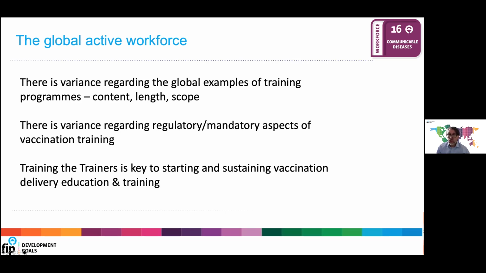We still know that there is variance regarding the regulatory and the mandatory aspects of training, skills training, competency training. That broader science base as well also needs a good look, as my colleagues later on will make reference to. The science of immunization, the science of vaccines, the science of medicines has moved on quite tremendously recently.